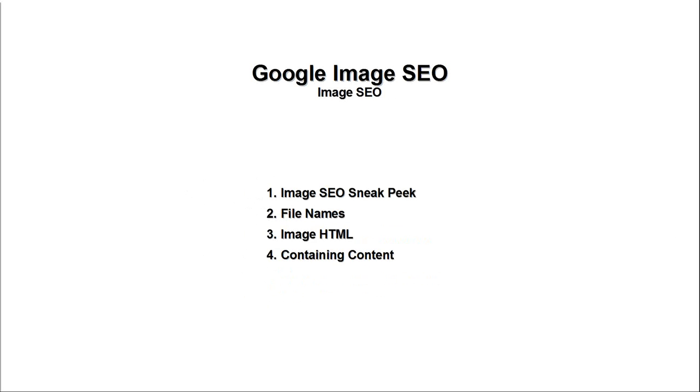Now, in terms of taking these images and loading them up on your website so you actually benefit from some increased search engine exposure and traffic as a result, I want to talk to you about actual image SEO in a little more detail here. Now, I can't tell you exactly how Google is ranking images.